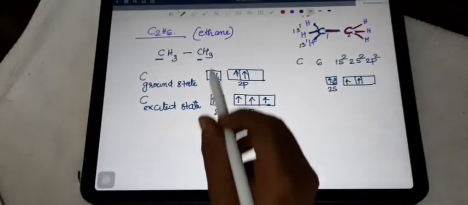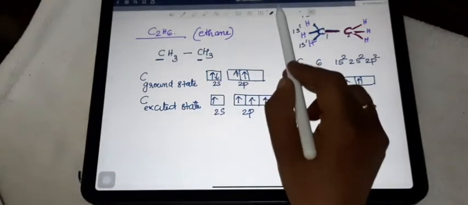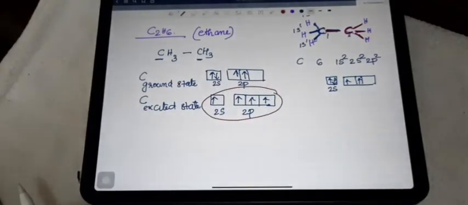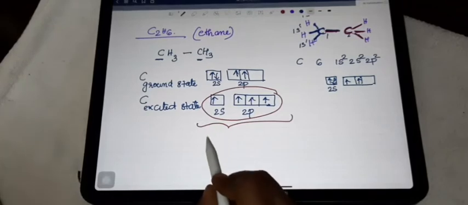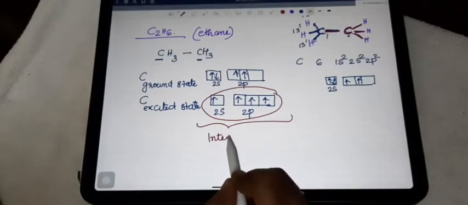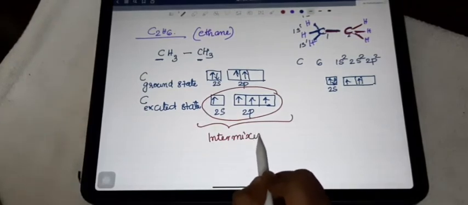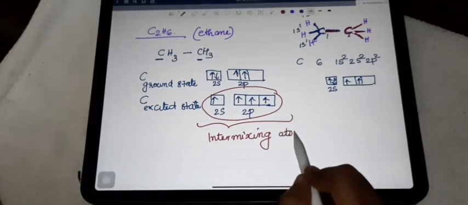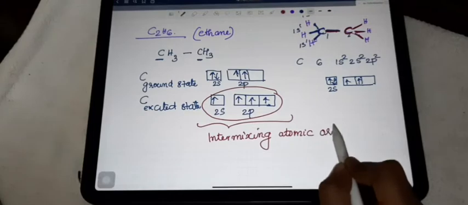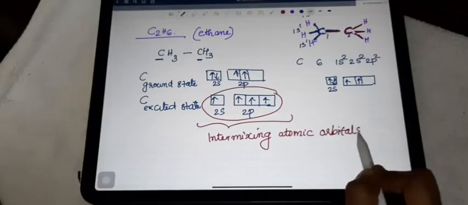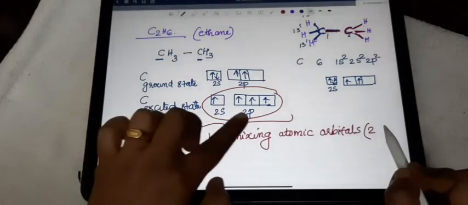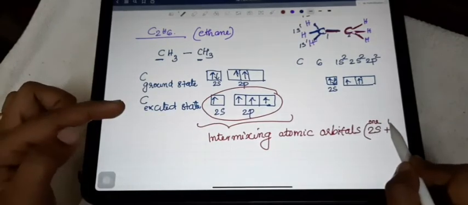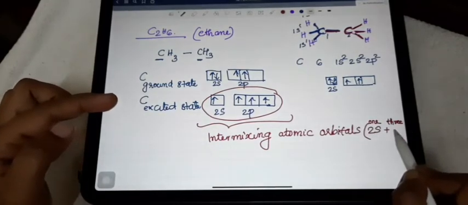As per our theory of hybridization, we just intermix these atomic orbitals. Due to this intermixing of atomic orbitals, what type of hybridization results? Atomic orbitals here means the 2s and 2p orbitals only: 1 2s and 3 2p.